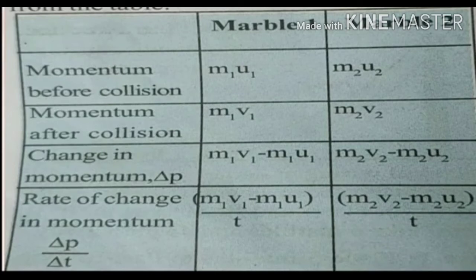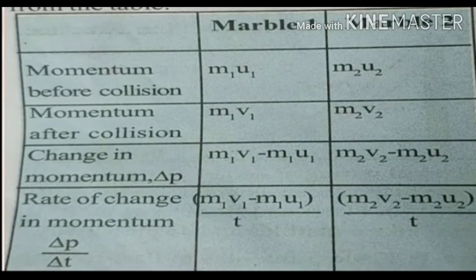Then the next, the rate of change in momentum, that is delta p by delta t. I already have the values of delta p, so I substitute them, and I will keep delta t, that means how much time they have taken. By placing this, we get the values of delta p by delta t.